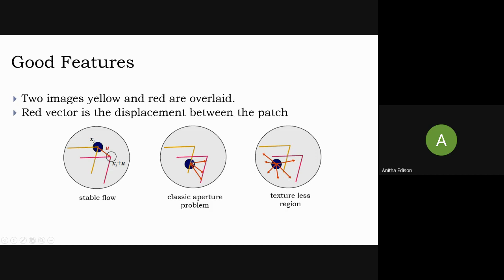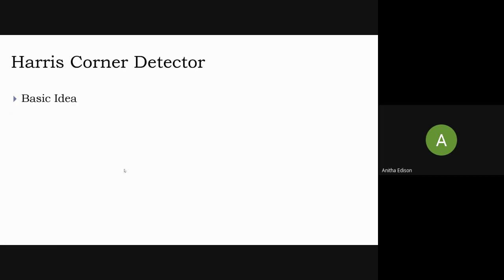Next, if I'm taking a patch like this, I can match it to this red one, this red one, or this red one. I can have a number of red positions where I can match. So that is also not a good feature. Instead, a good feature would be a corner, which I can match uniquely. So corners are better features.